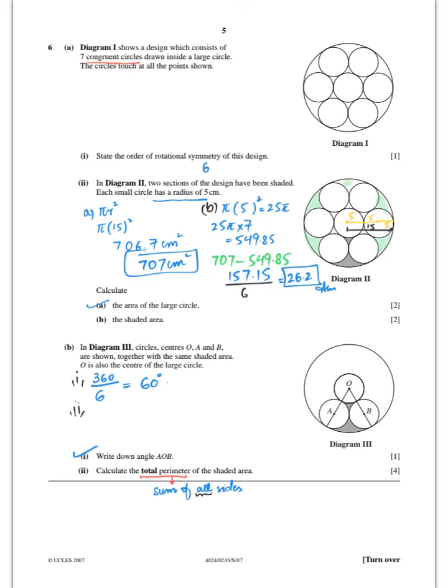You need to know the sides of the shaded region, the shaded boundaries. So for perimeter, first find out the shaded boundaries and how many we have. Let me color it for you. We have this length, we have this length, right? That is a shaded boundary.